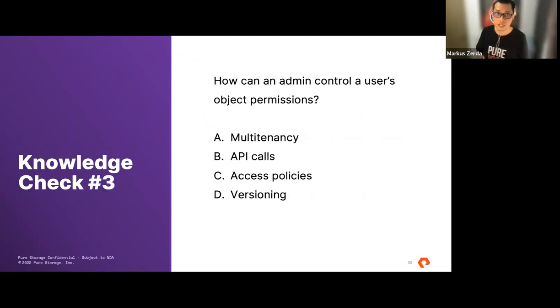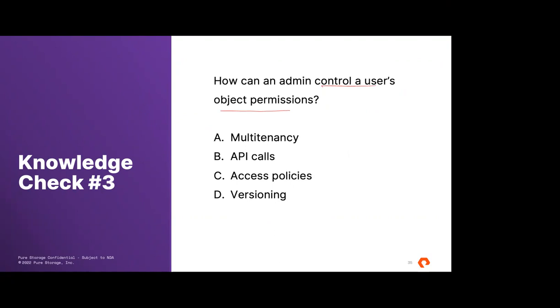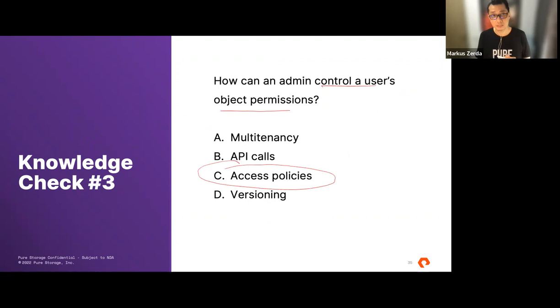Good. Last one. How can an admin control a user's object permissions? C. Correct, so access policies. There are two options, if you remember. Do you still remember what those two are?